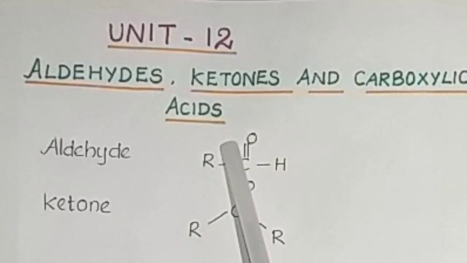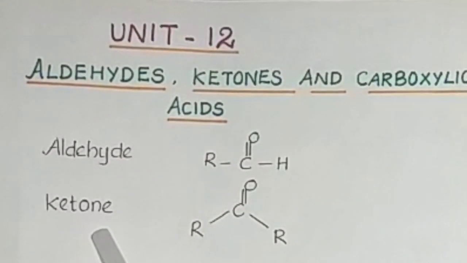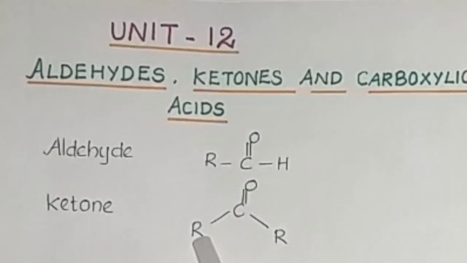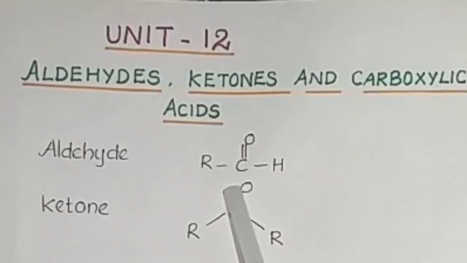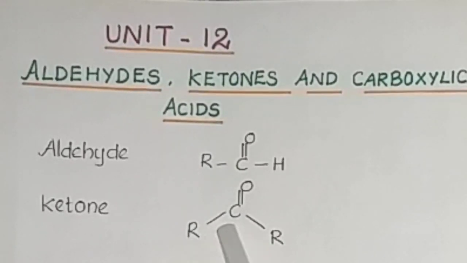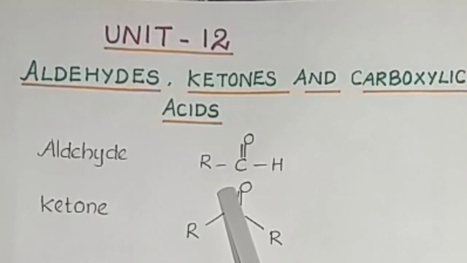In the case of ketones, the functional group is the C double bond O, CO group, and the general formula is RCOR. The compound consists of the C double bond O group.